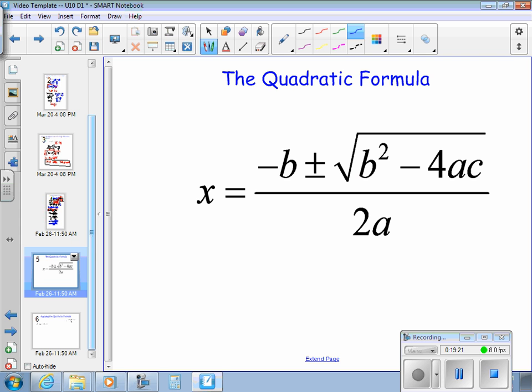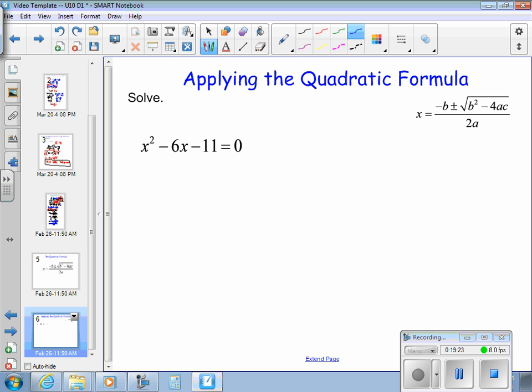So as a result, I will never, ever forget the quadratic formula. Now, let's see how we use it. Up here in the upper right-hand corner, I've given the formula to you, and we just need to take this and plug it in. Well, I'm sure you're all familiar, but let's remind ourselves. There's a coefficient here that's not written, that's my a. The coefficient, of course, is 1.